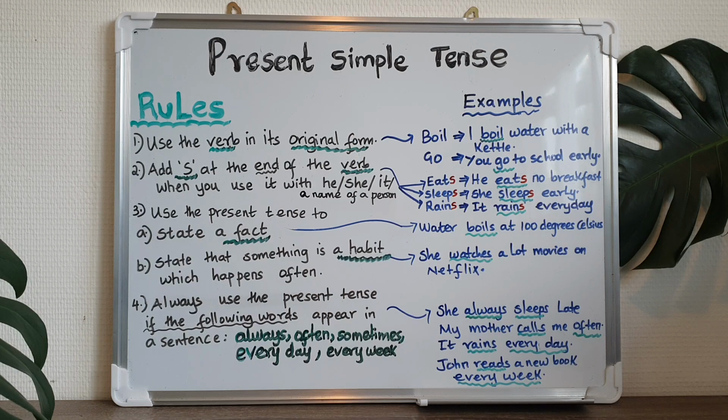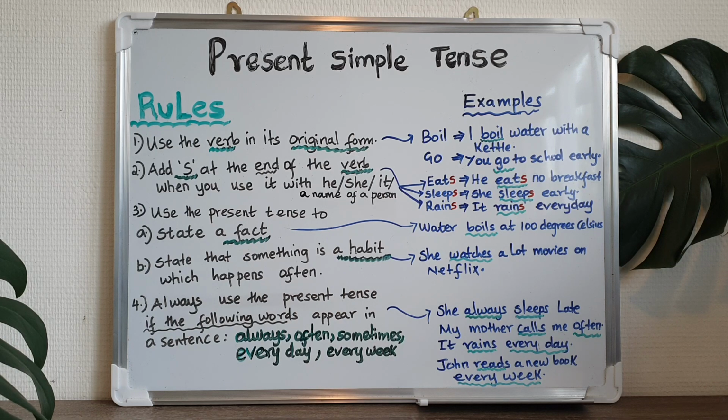Look at the example on the right. The verb is boil. The verb boil is still in its original form. It is not boiled. The verb is boil. We have not added anything to the verb at the end. We have not added ed.